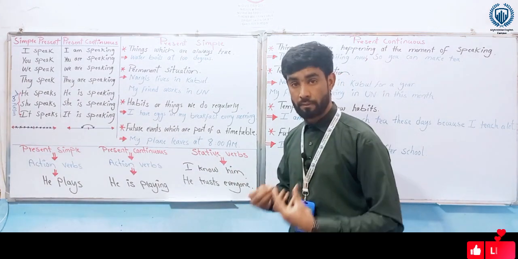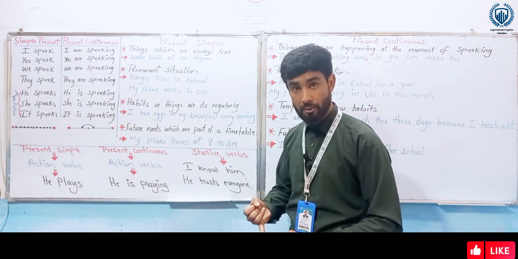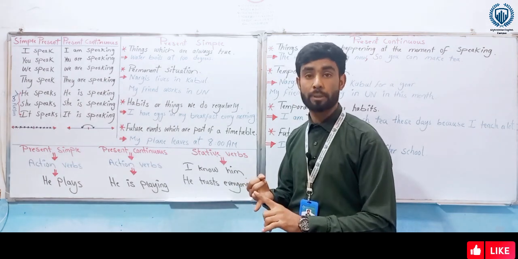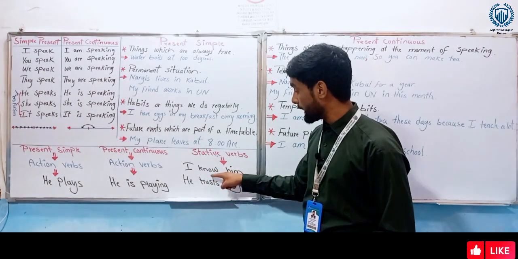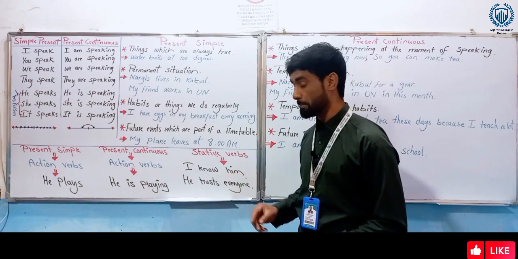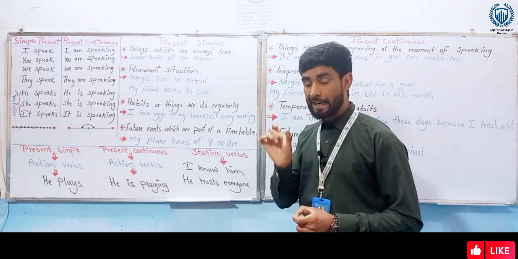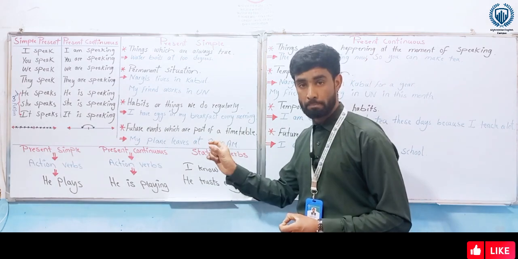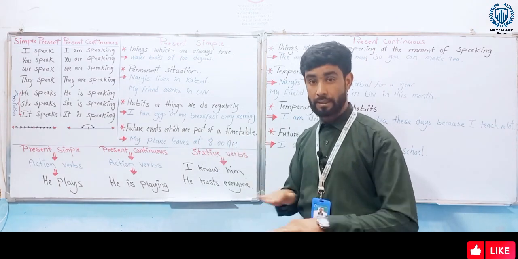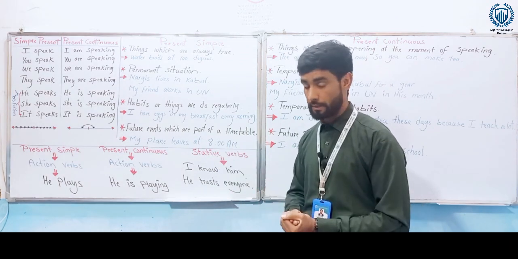When there is a stative verb, I have to use simple present, such as I know him. So I cannot say I am knowing him. Know is a stative verb and it cannot be used with present continuous tense.